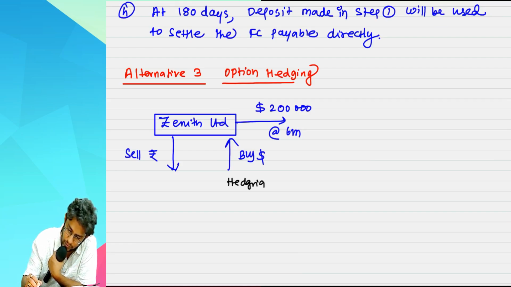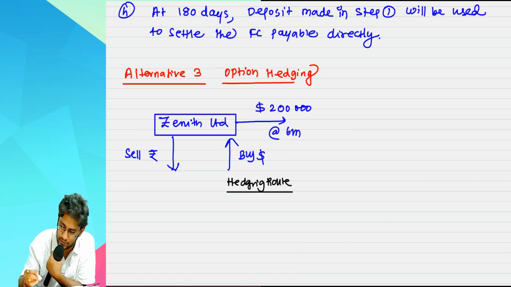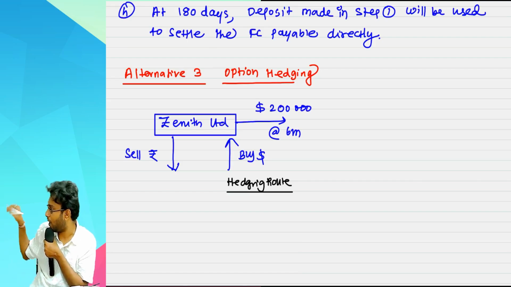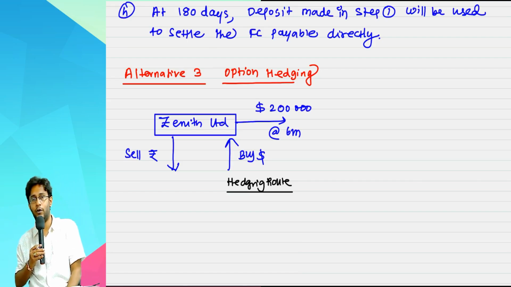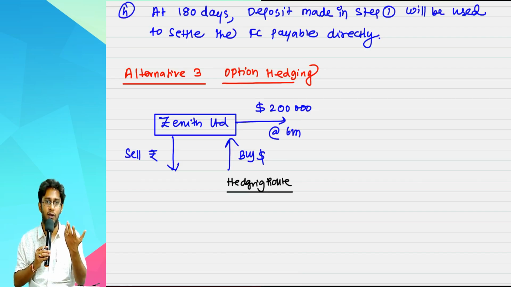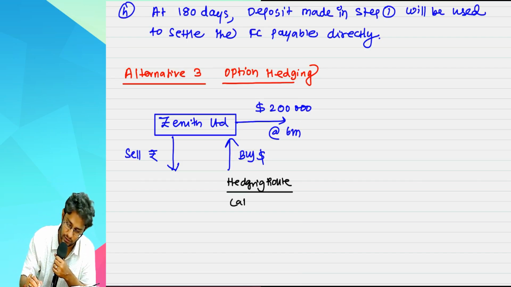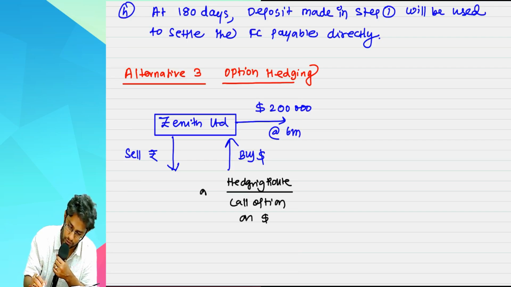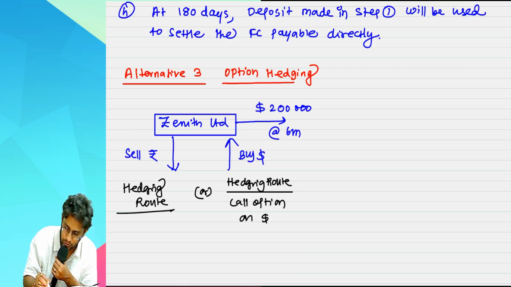So here only you can write the hedging route. Since the dollar is likely to rise, risk. Sir, arrow marks are also risk points. Dollar may increase is the risk. So hedging route 1 is call option on dollar, or hedging route 2 is put option on rupee.